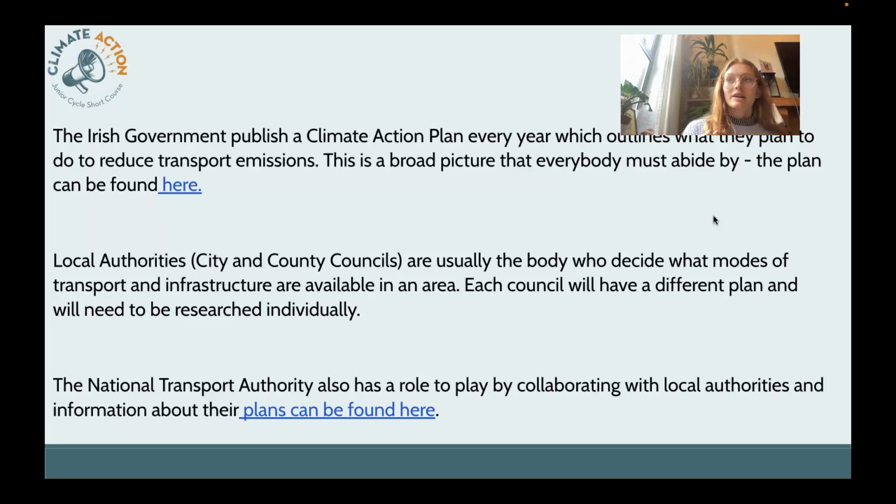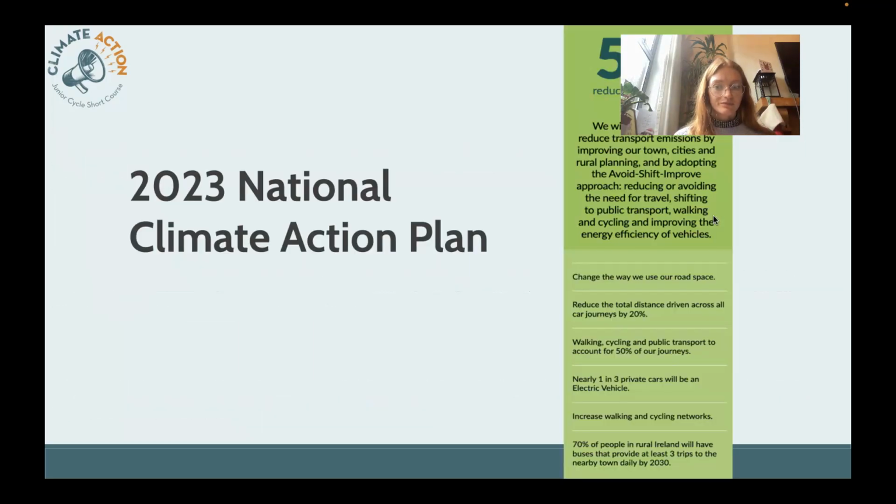So if the government has said 1,000 bike lanes by the end of 2025, then the local authorities are the people who actually decide where those bike lanes go, how much, who uses them, all those different pieces. And then the National Transport Authority kind of straddles those two. They look at the big infrastructure projects and would talk to local councillors about how those things match up together.